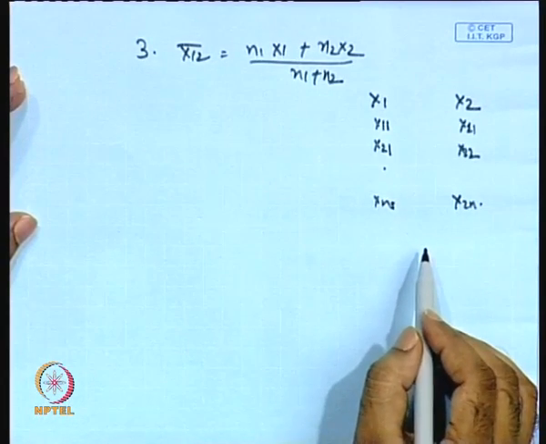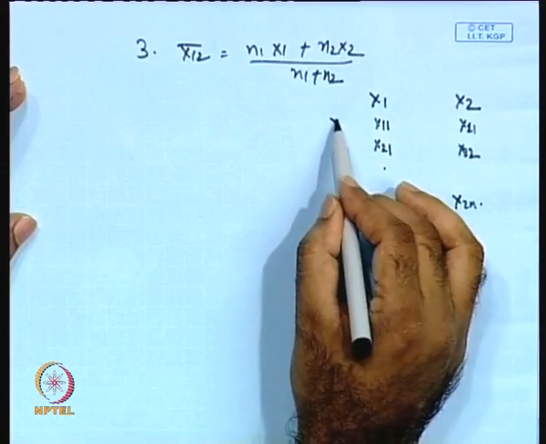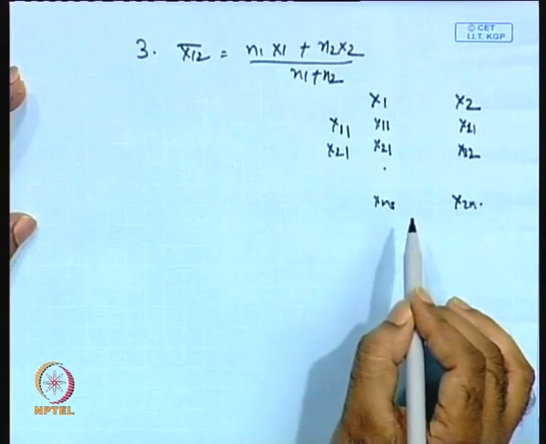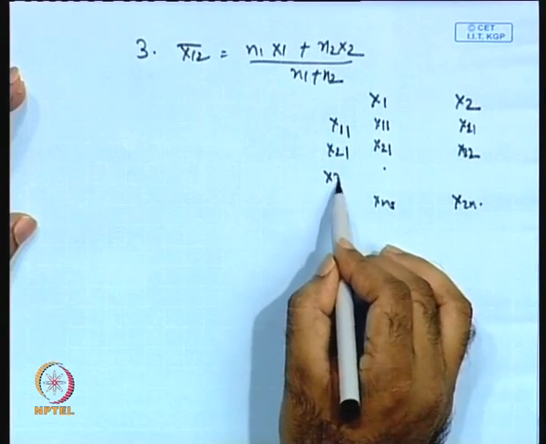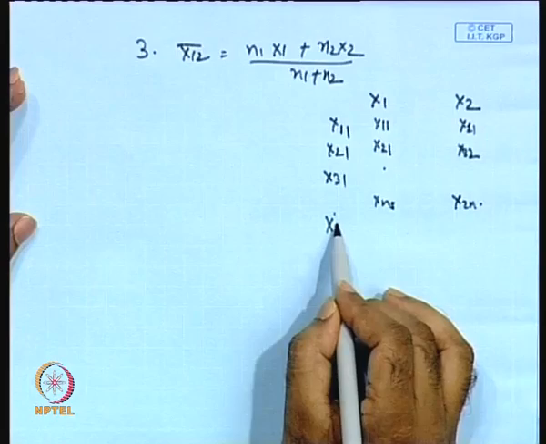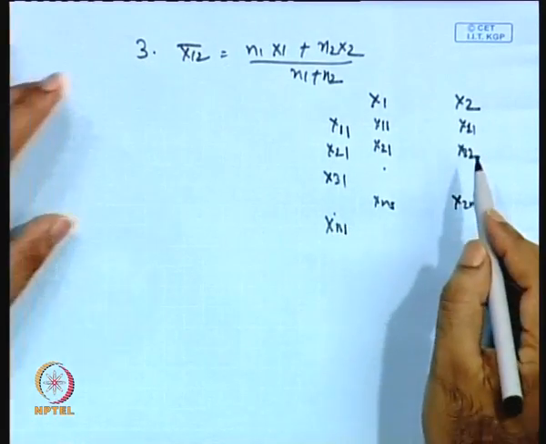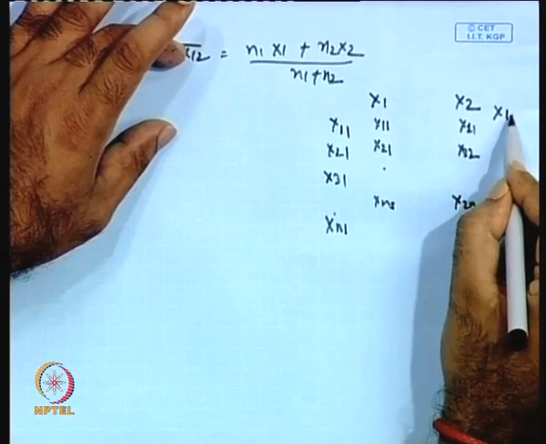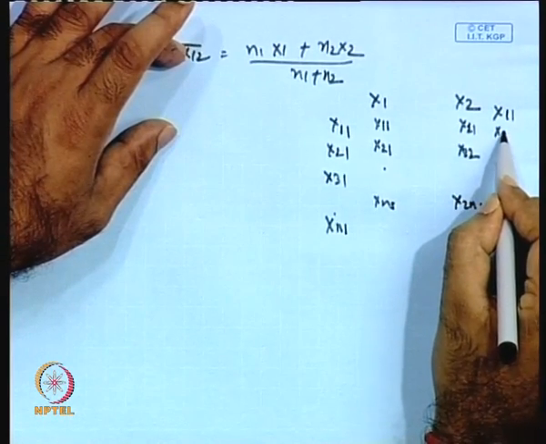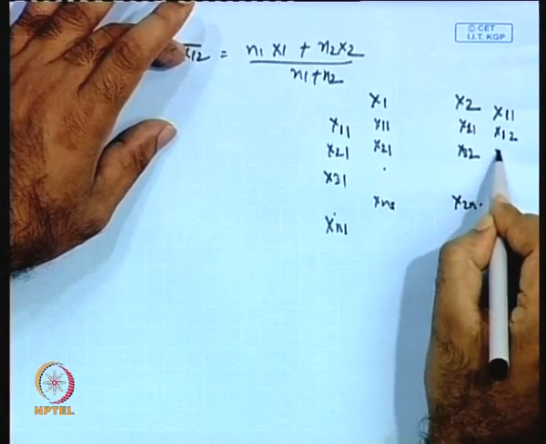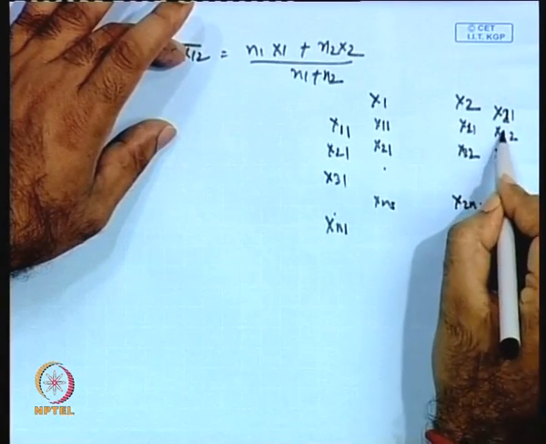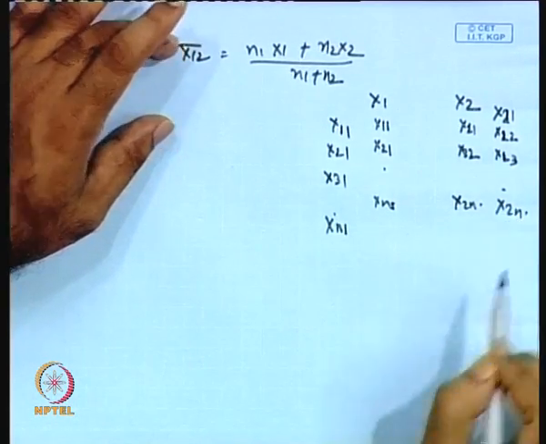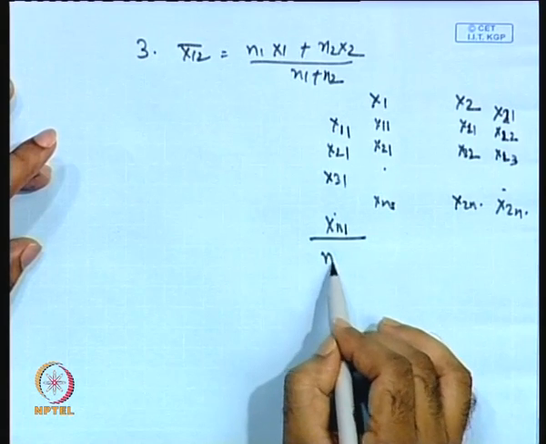Otherwise we can put it like this, x11, x21, x31 up to xn1, and similarly on this side x12, x22, x32 up to xn2. Okay. So, now we like to know what is n here.